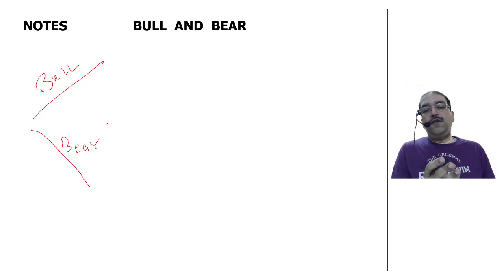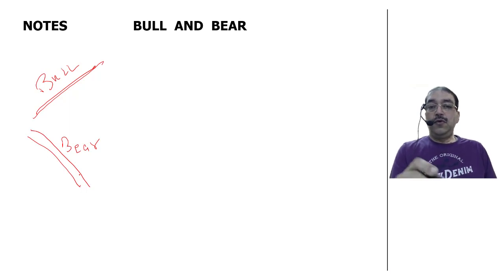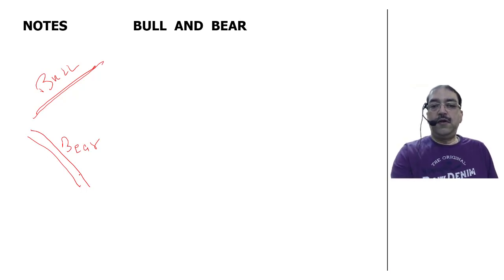Now you say, sir, what is wrong in the diagram? You said that bull phase means the prices are going to increase, and bear phase means the prices are going to decrease. So I've drawn an increasing stage here and a decreasing stage here. What is wrong in that diagram? You say, sir, you draw a bull diagram.